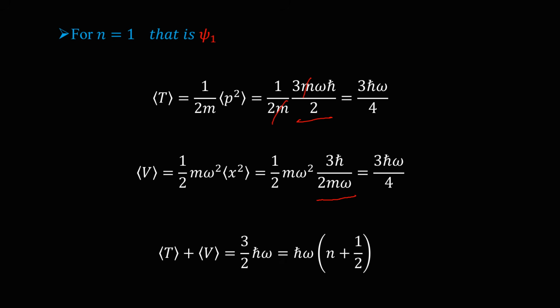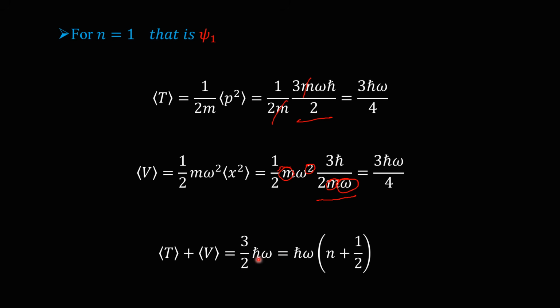So now if you simplify, this m will get cancelled, and this omega will get cancelled with this omega squared. So in the numerator you will have 3 h cross omega. In the denominator you have 4. If you add these two, you will get 3 by 2 h cross omega.